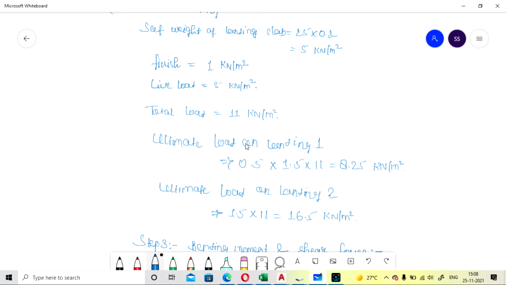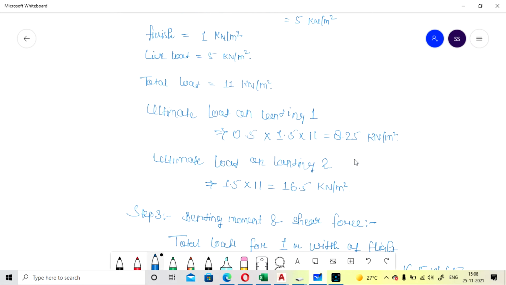So ultimate load on landing 1 will be calculated as, if we multiply by factor of safety and also divide by 2, that is 50% of the landing 2 ultimate load. Okay, so it will come as 8.25 because we have considered the landing 1 from mid of the beam.